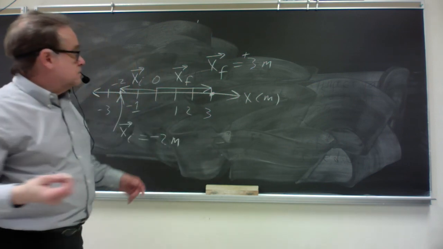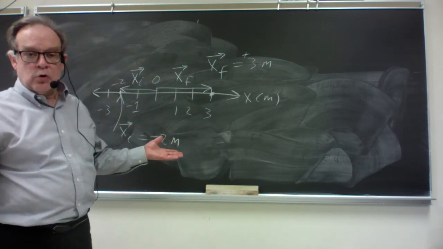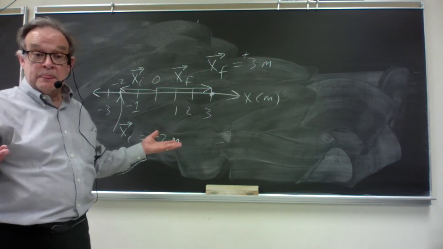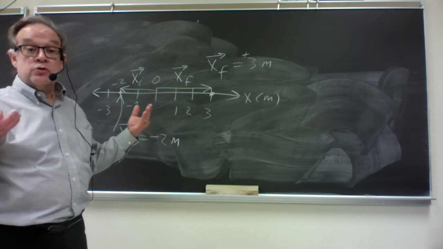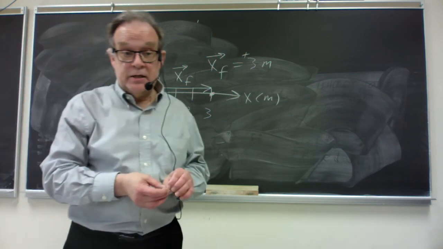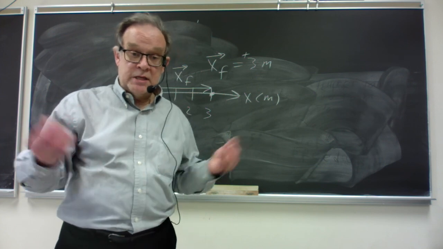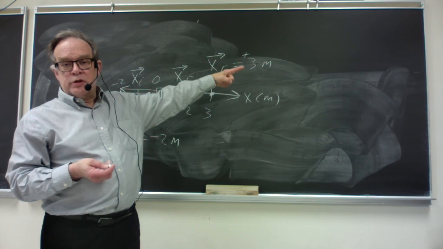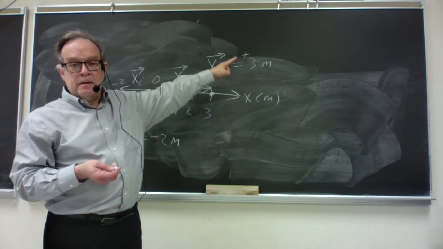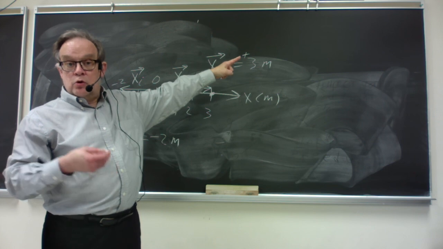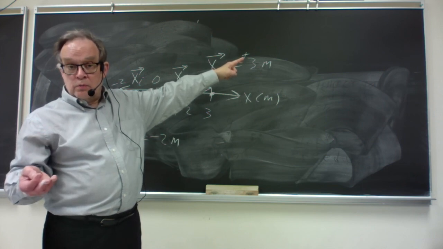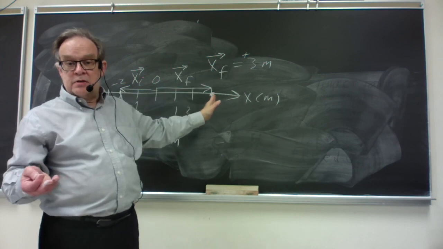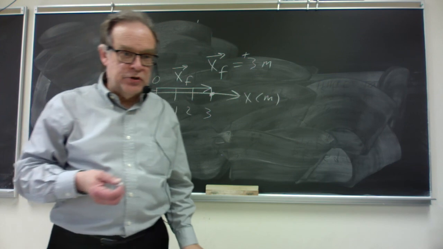So I draw an arrow over top to remind myself, to remind you, that we are talking about vectors. We're talking about a thing that has direction information that has to be taken into account, as well as just size information. Right? The size means that this point is 3 meters away from the origin, and then the sign tells you which way you have to go when traveling 3 meters in order to get to that location, if you start at the origin.